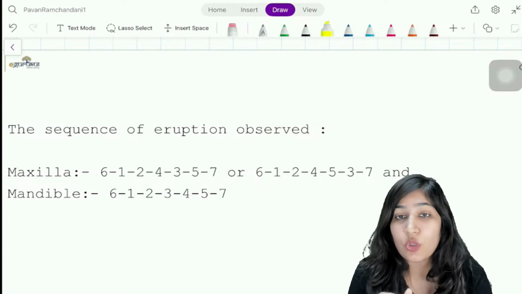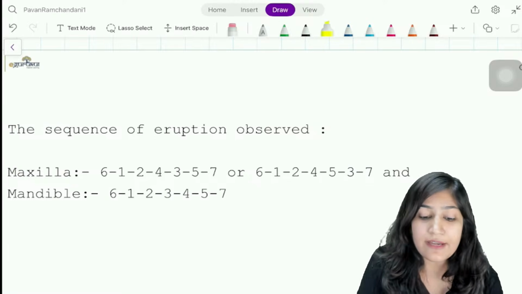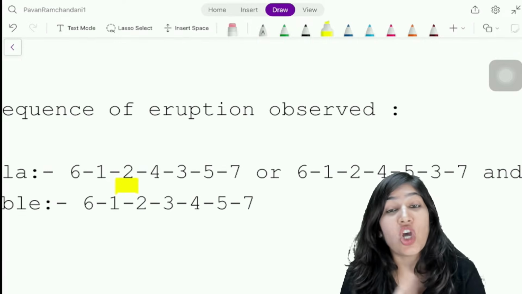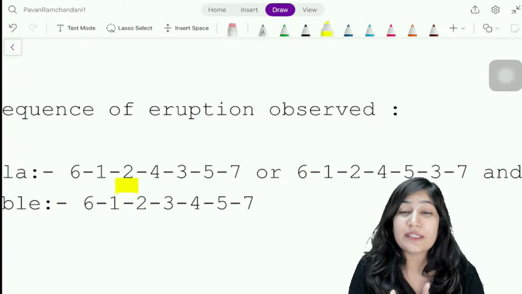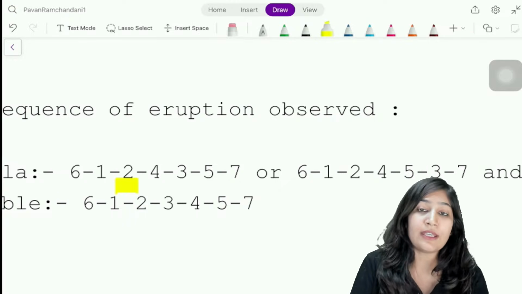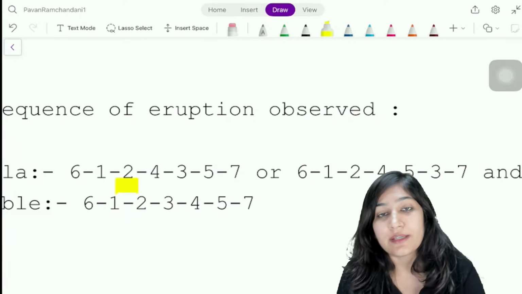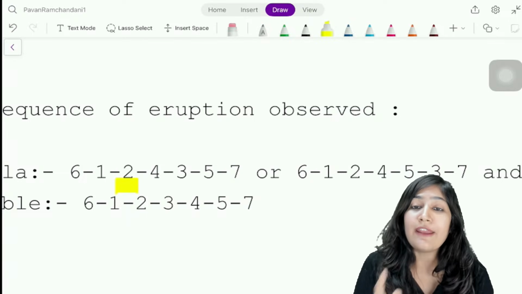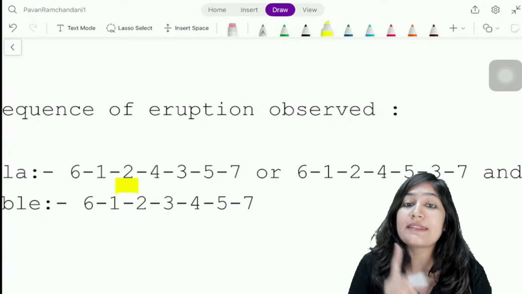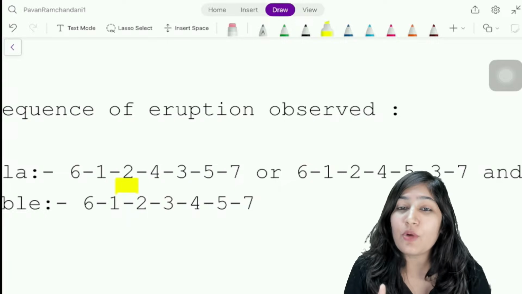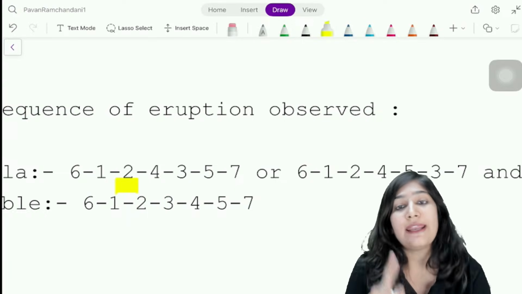So we have first molar, then central incisor, then lateral incisor. Then we have premolar, not canine, for maxillary teeth. First premolar, then you can have canine. Then you can have second premolar, then second molar, and then third molar. Or you can have first molar, central incisor, lateral incisor, first premolar, second premolar, and then canine.